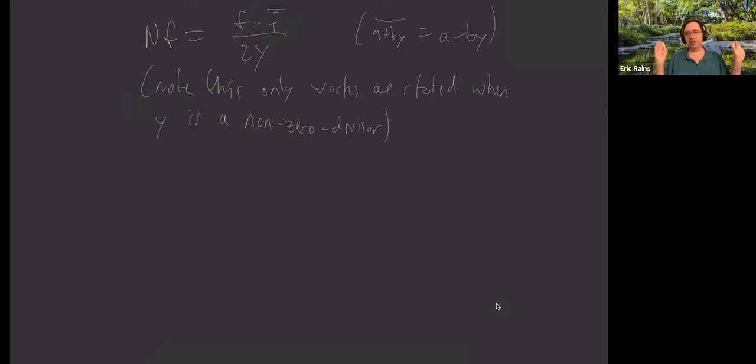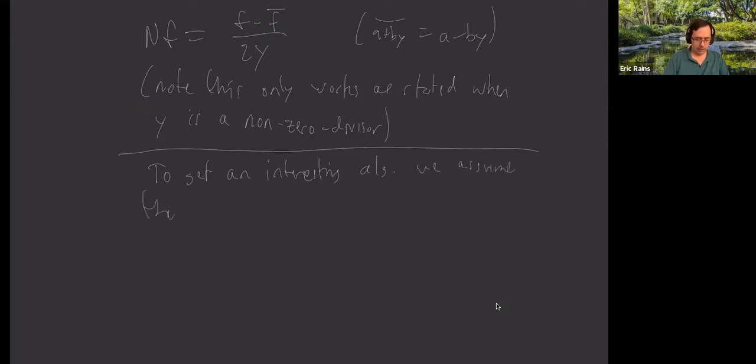Okay, so far so good, but you can't do much with this. So you get an interesting algebra. We're going to assume that this algebra S is a quadratic extension in 2 different ways.